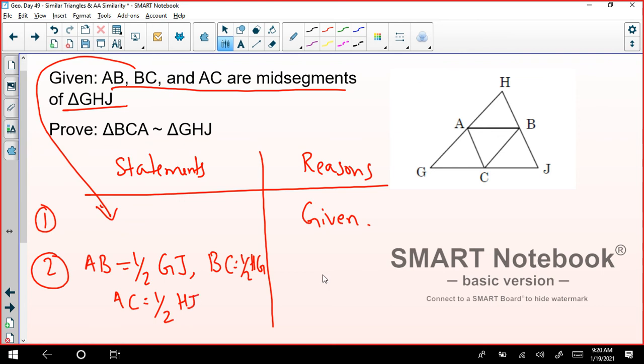These are all from the definition of midsegment. A midsegment is going to be half of the opposite side. So this is just by the definition or a property of midsegment.